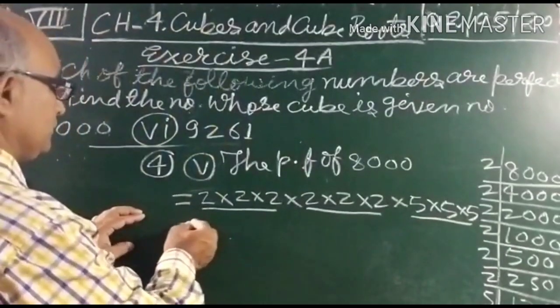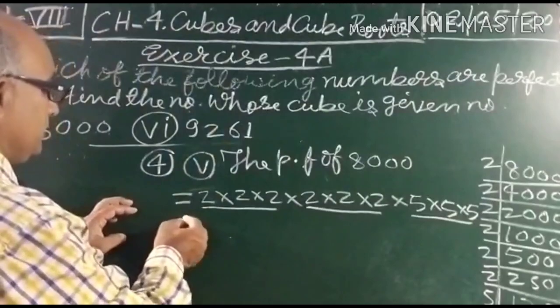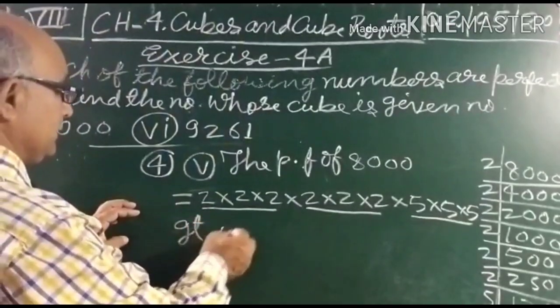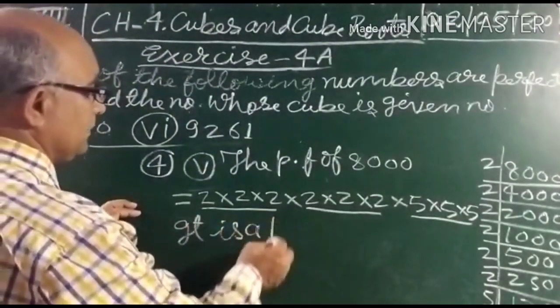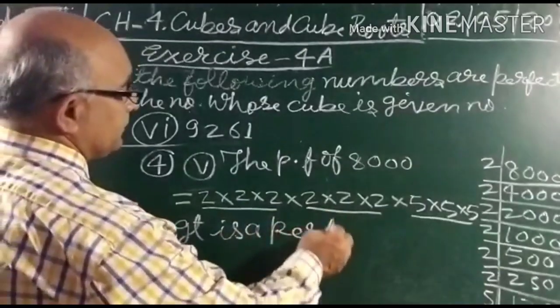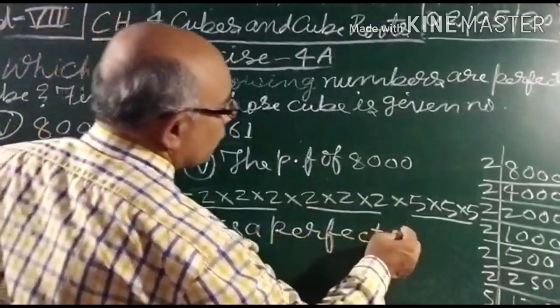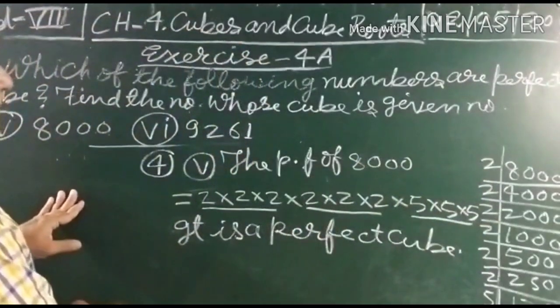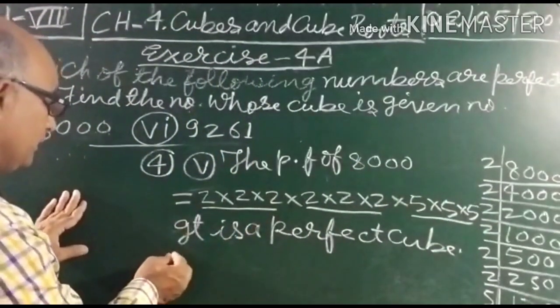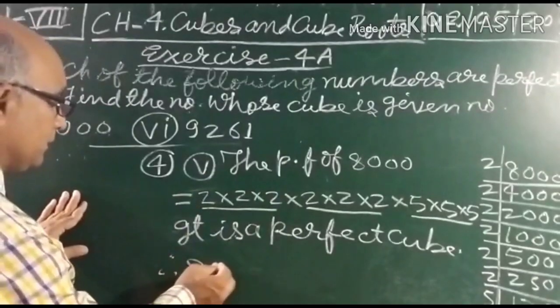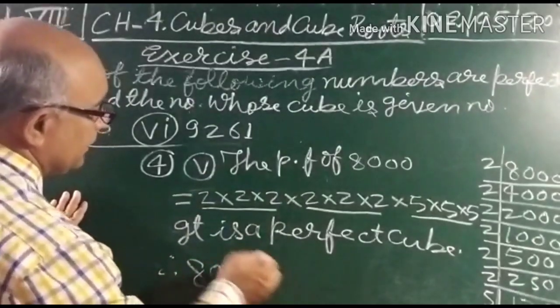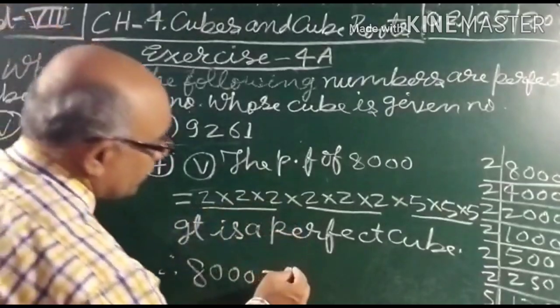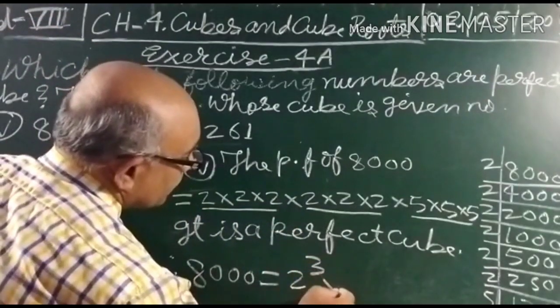It forms triplets, so it is a perfect cube. Therefore 8000 equal to 2 into 2 into 2, that means 2 cube.